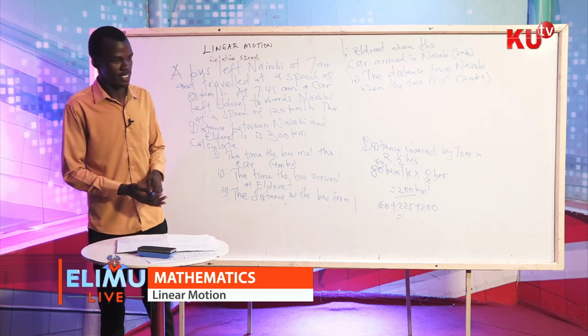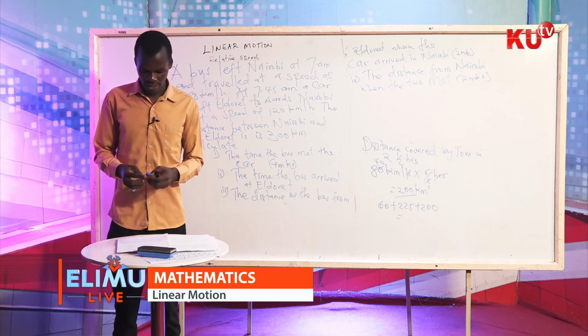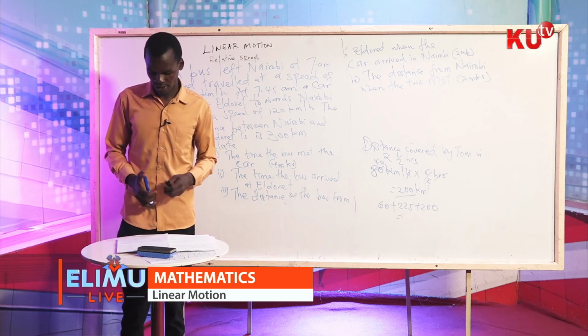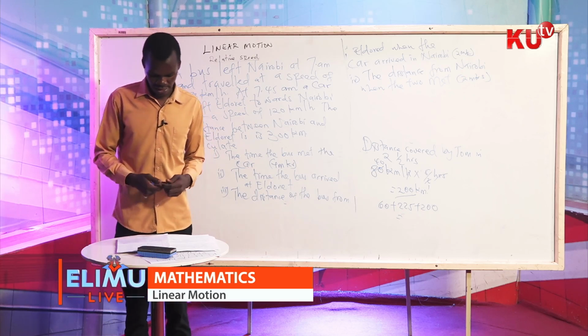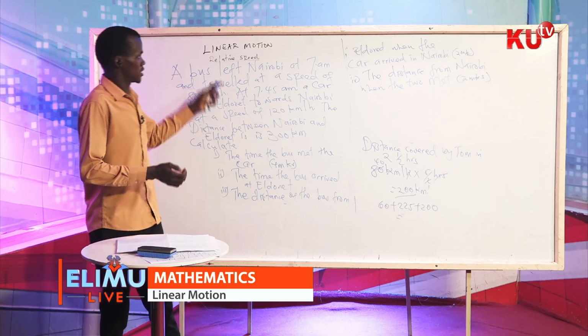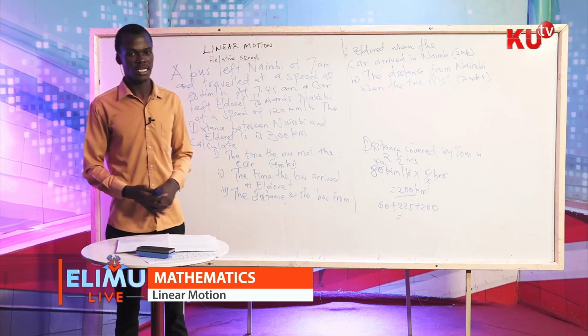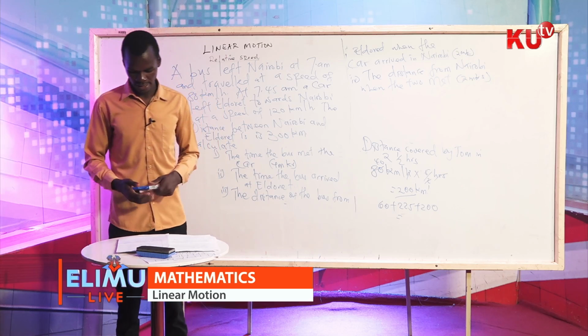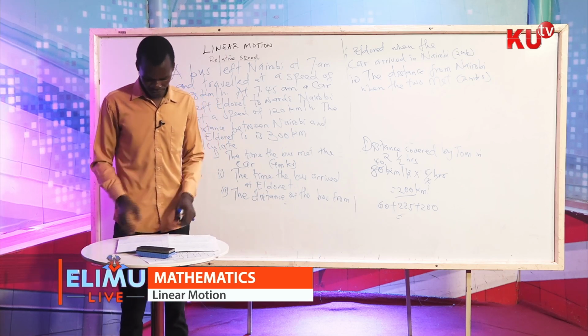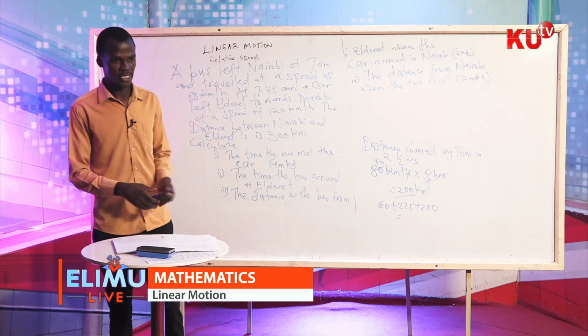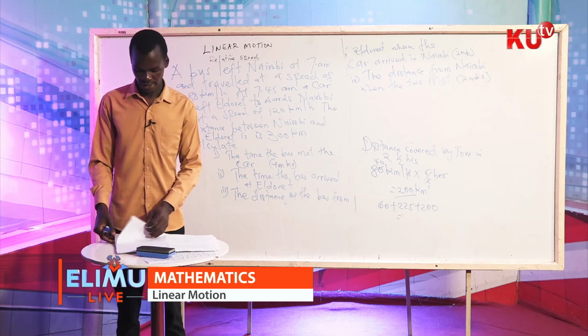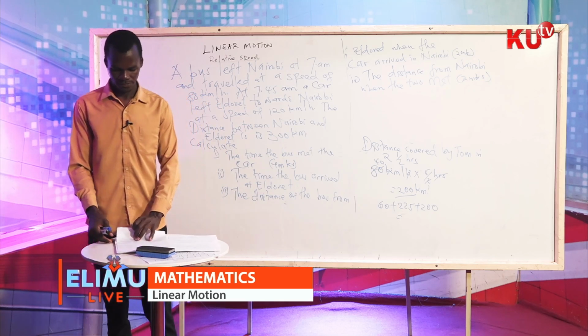Let's say there's a police chase, and a police car needs to catch up with a car that is in front of it. Then they need to use this relative speed to calculate at what speed they need to move so that they can catch up with the car that they're chasing. And there are other areas where it can be applied in real life situations.